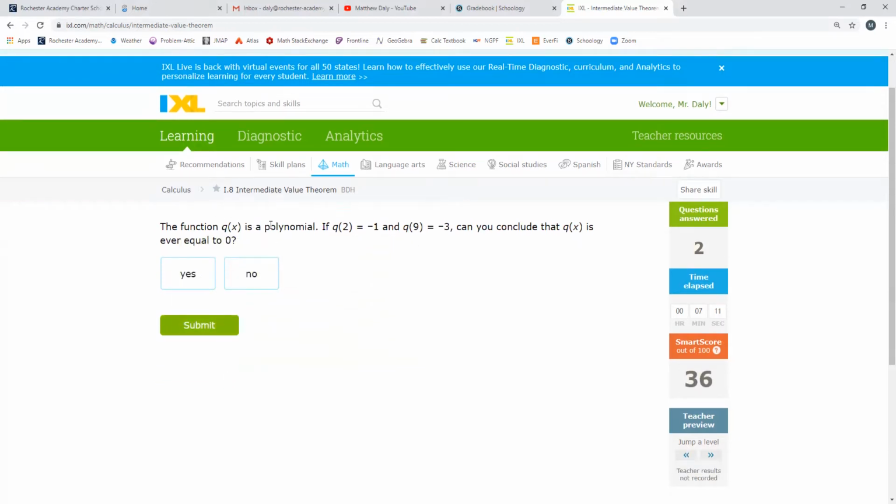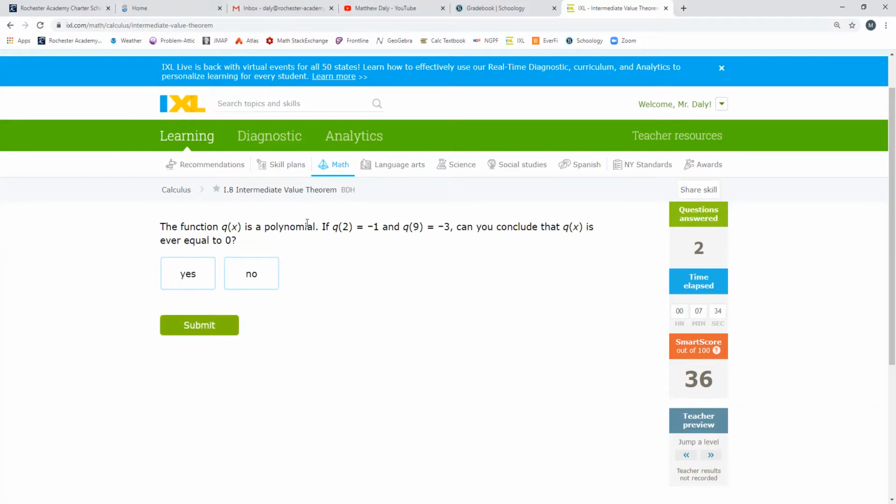Now the function q of x is a polynomial. So this isn't directly telling you that the function is continuous, but one thing to remember is that all of the functions that we're used to dealing with are continuous. Polynomials are always continuous. Exponential and logarithm functions are continuous. Sine and cosine based functions are continuous.